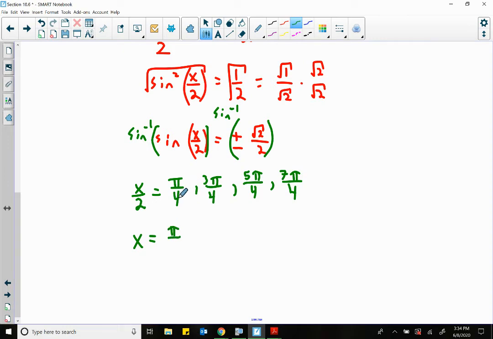Pi over 4, when multiplied by 2, becomes pi halves. 3 pi over 4, when multiplied by 2, becomes 3 pi over 2. 5 pi over 4, when multiplied by 2, becomes 5 pi halves. And 7 pi over 4, when multiplied by 2, becomes 7 pi halves.